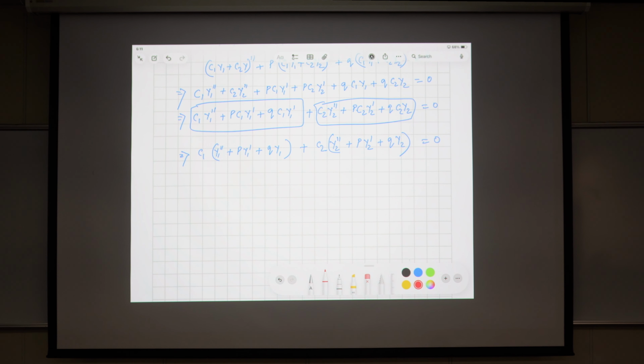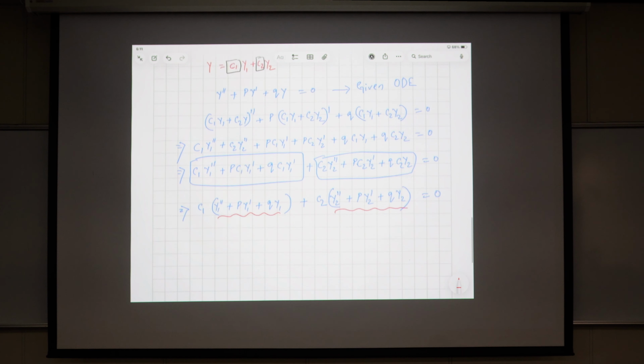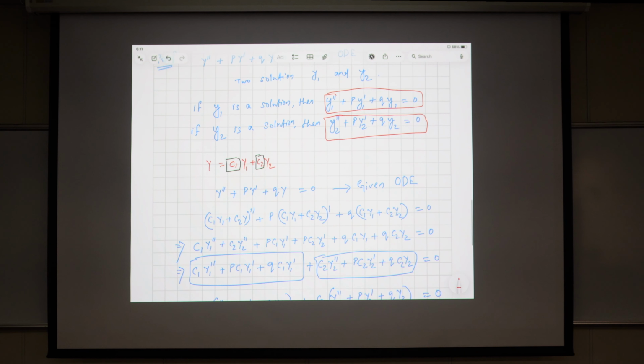Now you can tell me what is this value? And what is this value? Because if y1 is a solution, this value is 0. If y2 is a solution, this value is 0.